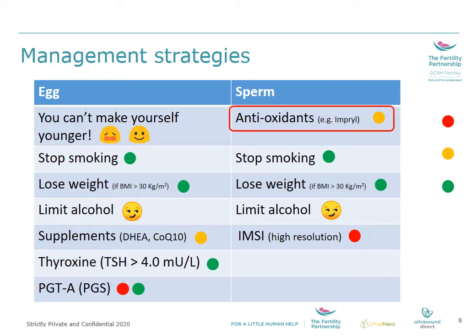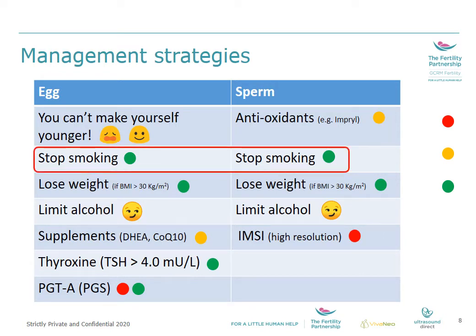We know that for men who have low sperm counts, antioxidant treatments like Impril do appear to help and improve the chances of pregnancy and a live birth, but they're of no obvious benefit in men with normal sperm counts. If you smoke, we know that smoking is damaging to both the eggs and the sperm, so stopping smoking is certainly beneficial.